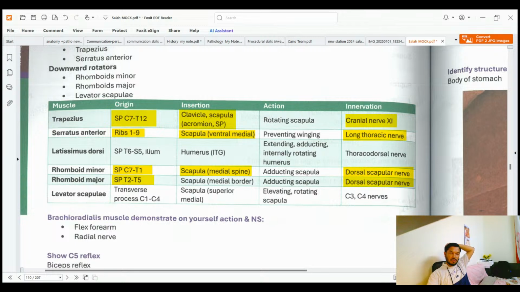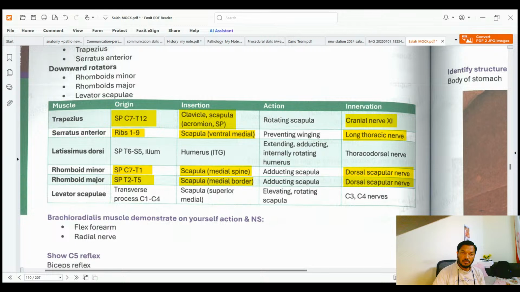First minor from C7 to T1, and major from T2 to T5, and it inserts into scapular medial border, dorsal surface. Because on the ventral surface only serratus anterior, whole ventral surface by serratus anterior, and dorsal surface by these three: levator scapulae, rhomboid major, minor.